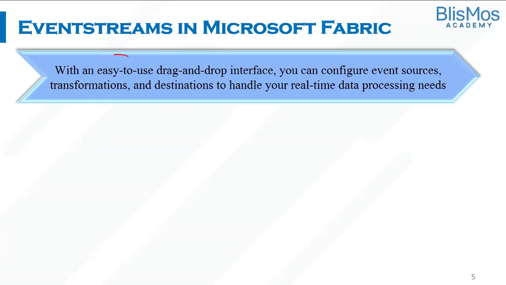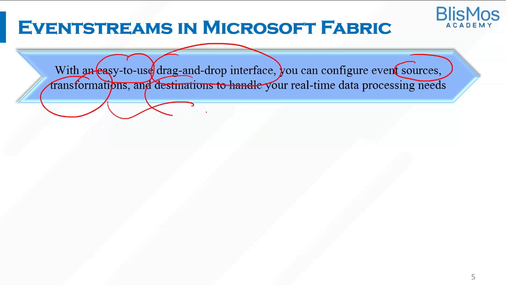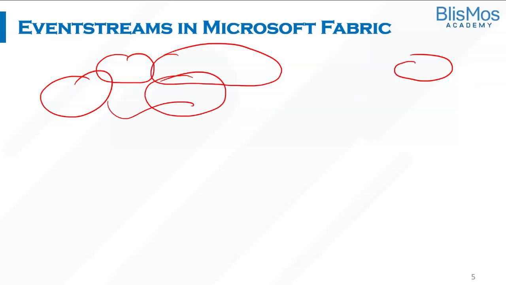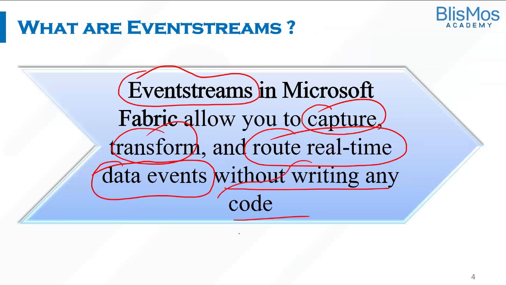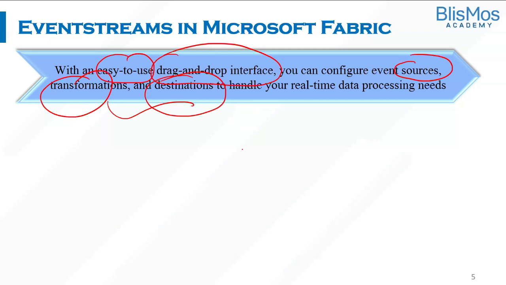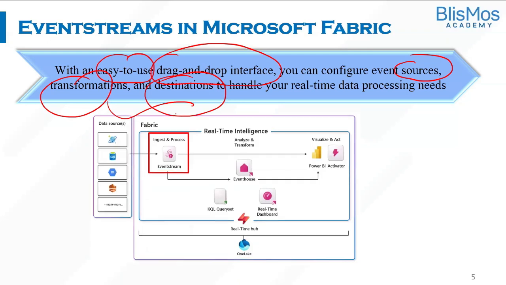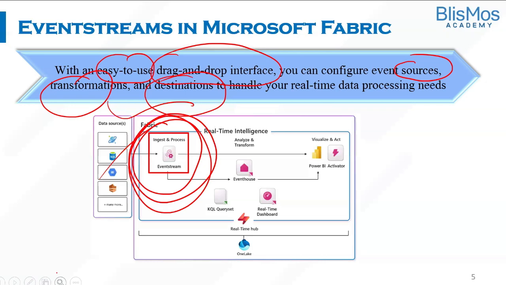Event stream has an easy-to-use drag and drop interface to configure the movement of data from sources, apply transformations on it, and send it to the destination where that transformed data is required. So when I say without writing code, I am talking about this easy-to-use drag and drop interface.